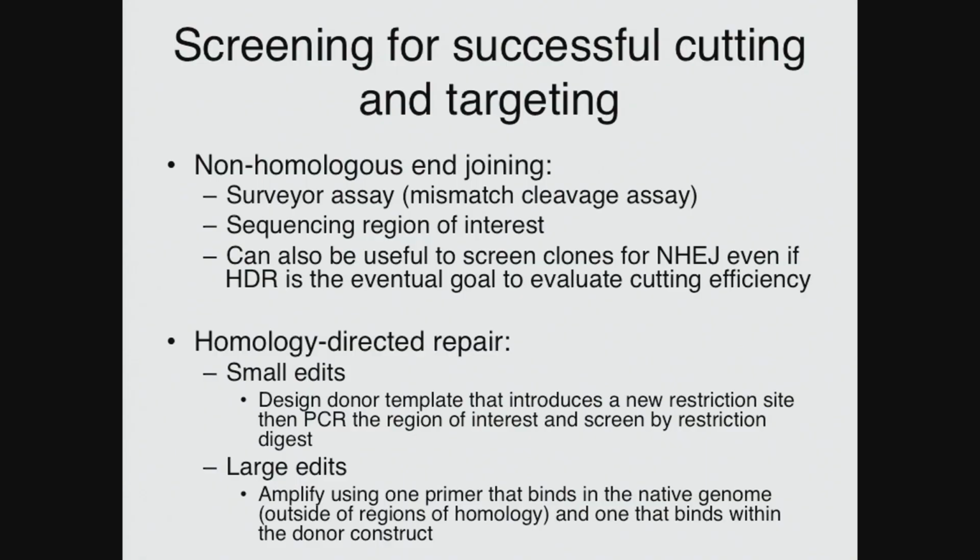Right, so I basically went over this, but again, you want to think about the screening at the beginning. So for non-homologous end joining, you can do a surveyor assay. I feel like no one in our group has had particular success with this being a useful predictor of targeting. But you definitely want to sequence the region of interest.